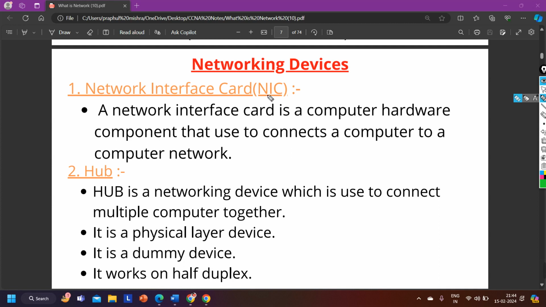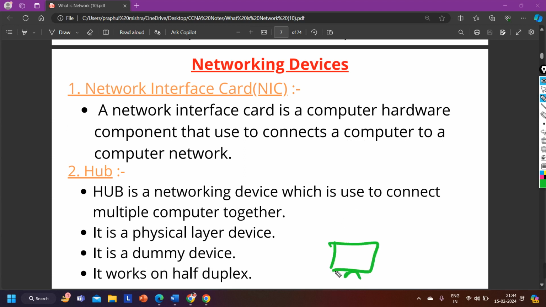Okay, so the first device is NIC, network interface card. A network interface card is a computer hardware component used to connect a computer, or you can say a networking device, to a network.